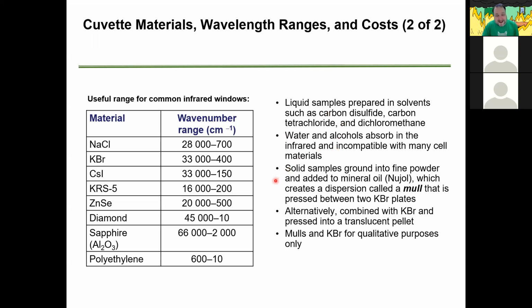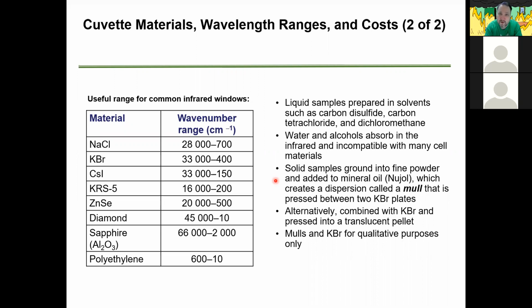Solid samples. When you're doing sample prep for IR, one of the ways you can do it is you take a mineral oil, and you powder your sample up and grind it up and smear this on as a thick paste, which is a dispersion called a mull. And Nujol oil is a commercial product that ended up finding its way by accident into a very niche market.